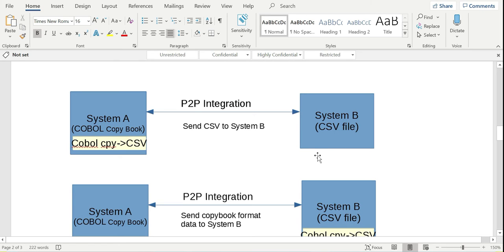If system A needs to send the data to system B and system C, in the first case, it needs to install two different modules in case system C is having a totally different data structure. Suppose a flat file structure or an XML structure or a similar kind of structure. So system A needs to install another module inside it.